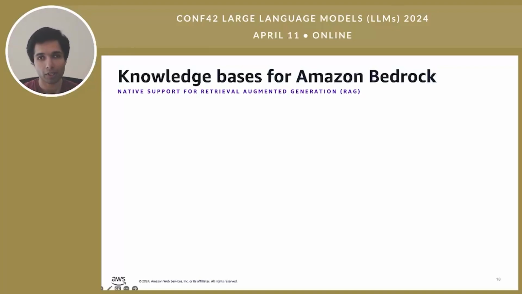We spoke about it a little bit earlier during the customization slide. It's basically a technique where you're fetching the data from the company's data sources, enriching the prompt with that particular data, and delivering more relevant and accurate responses. We have knowledge bases within Amazon Bedrock, which helps you in a fully managed RAG capability.